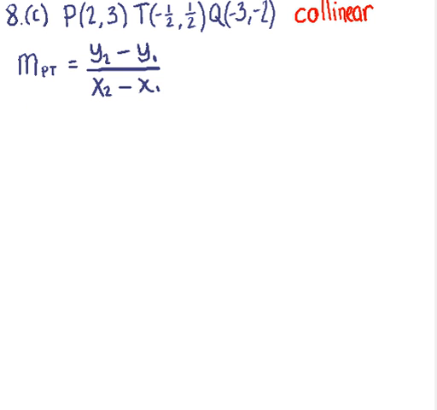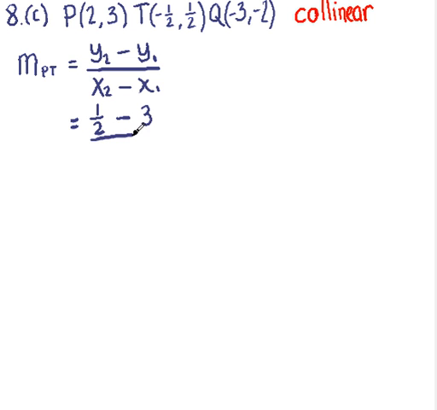So the first thing we're going to do is work out the gradient of the line joining the points PT. So if we write down our gradient formula, y2 minus y1 over x2 minus x1. Well, remember we're using points P and T, so y2 is a half, take away y1, which is 3.